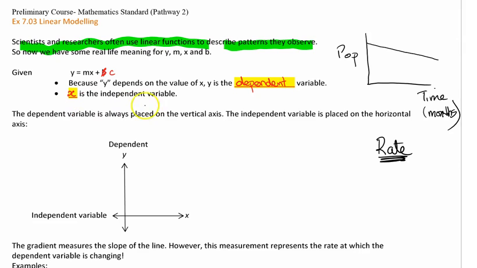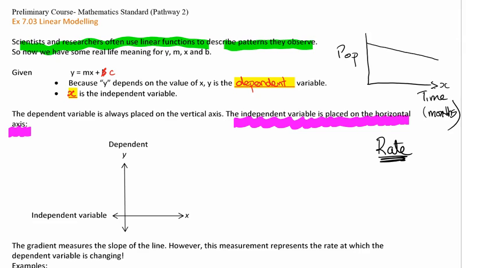Now, the independent variable in this example is the time, and it's the population that's depending on the time. We've previously called this the x-axis or the horizontal axis, and here it says that the independent variable is placed on the horizontal axis.